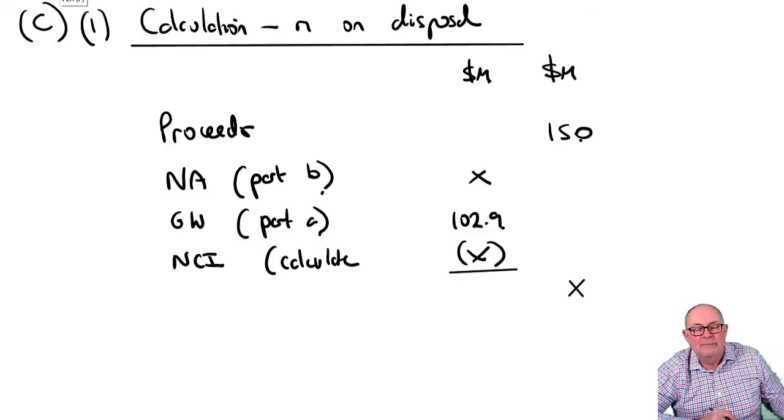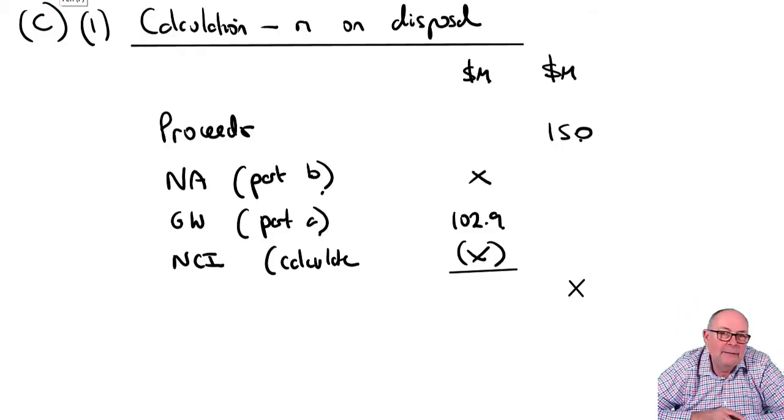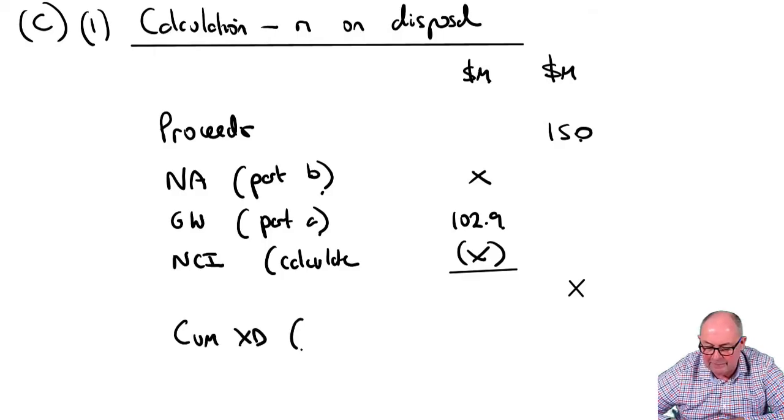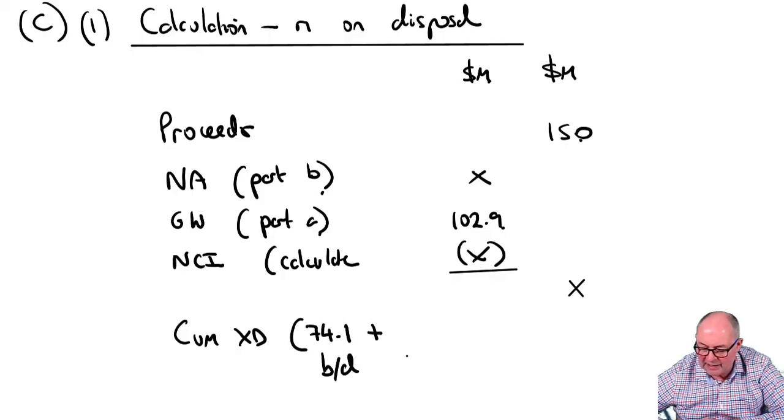Well, in theory, if you finished Part B, you knew the exchange differences in the year, and I think they gave you the exchange differences up to the start of the year. So you've also got the cumulative exchange differences. The brought down one was given in the question, plus the ones in the year.